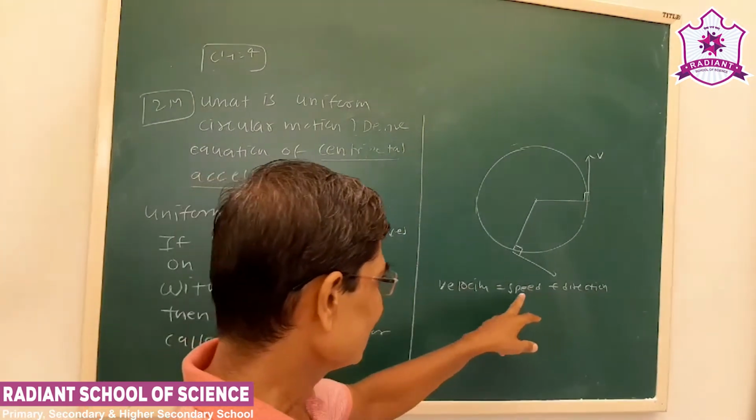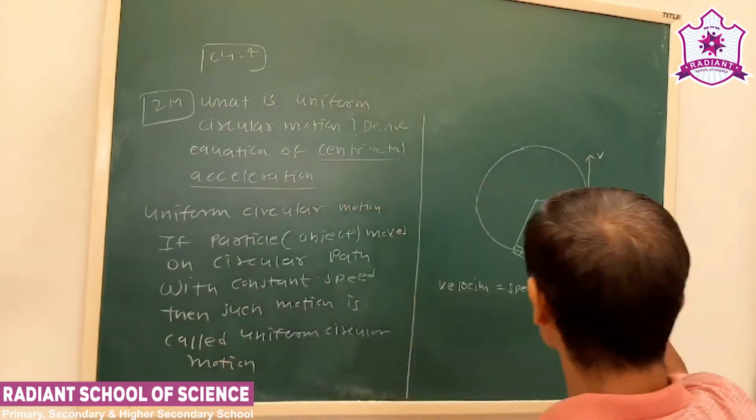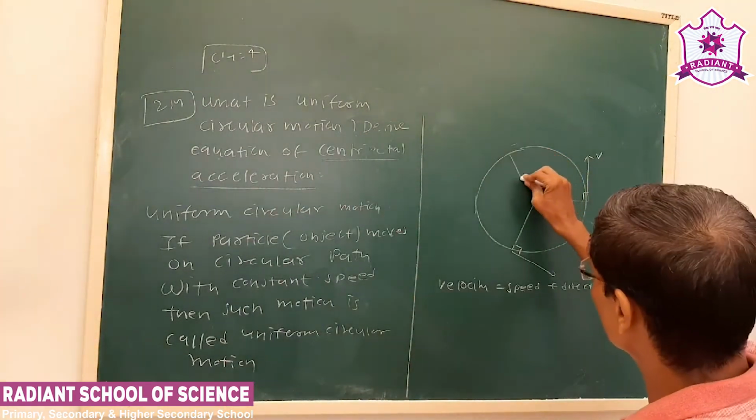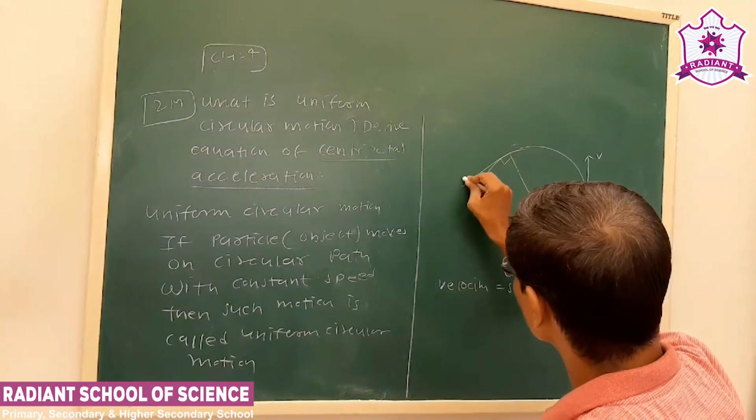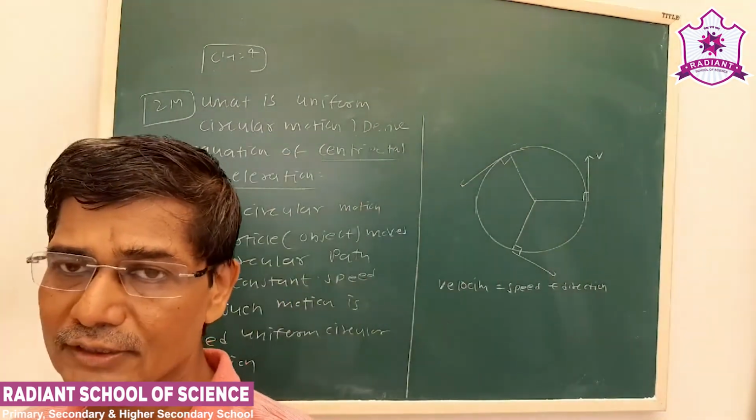So here, see the value of speed is fixed, but the direction is continuously changing. Let us say when it is here, the tangent will be like this. So the direction of the velocity is continuously changing.